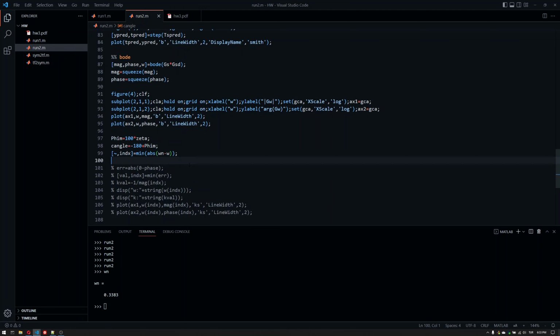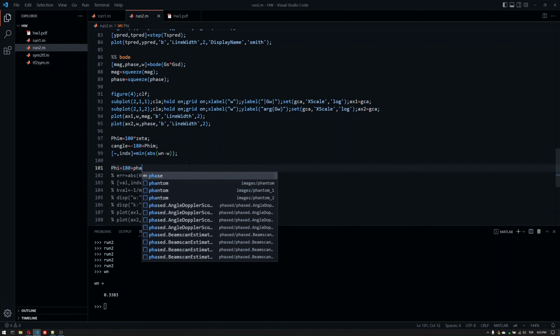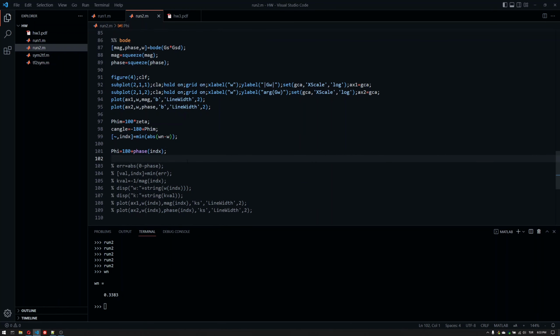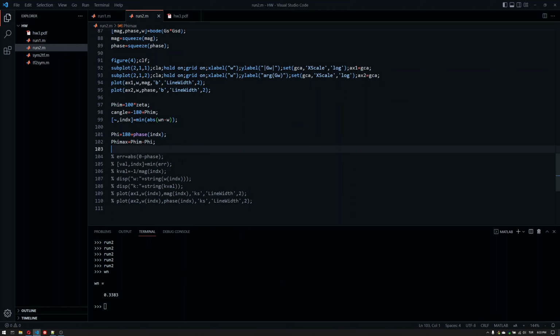And we are going to look at the angle 180 plus phase index. So what is our current phase margin here? And we are calculating a phi max. Phi max is the phase margin minus the phase that we have. So this will be basically the contribution here.